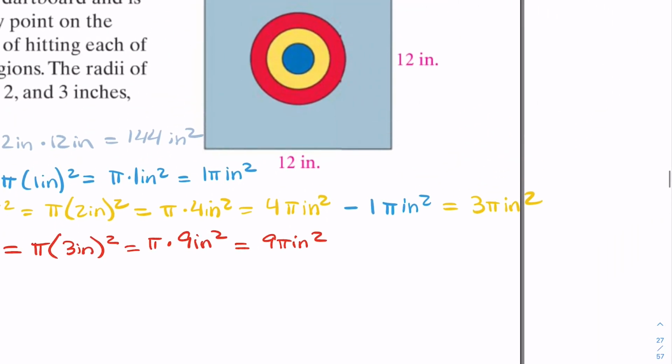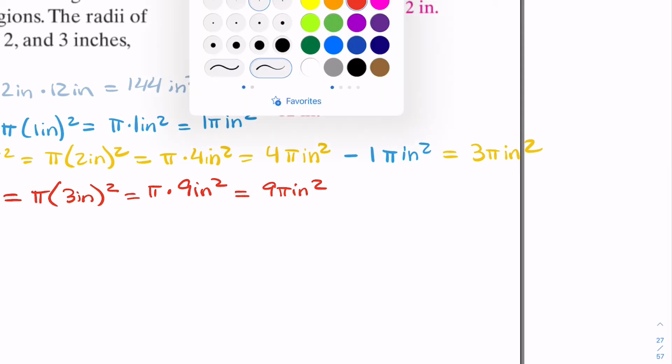And what we have to do now is take the yellow ring and the blue circle away. So I can use 4 pi because that was the area of the yellow circle, assuming the blue wasn't filled in, and call it a day. Or I can do the 3 pi and the 1 pi. So let's make it more complicated than we have to. Why not?